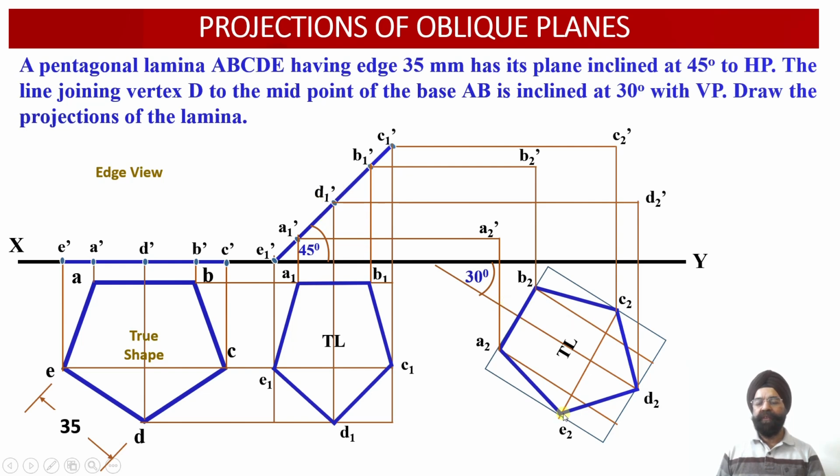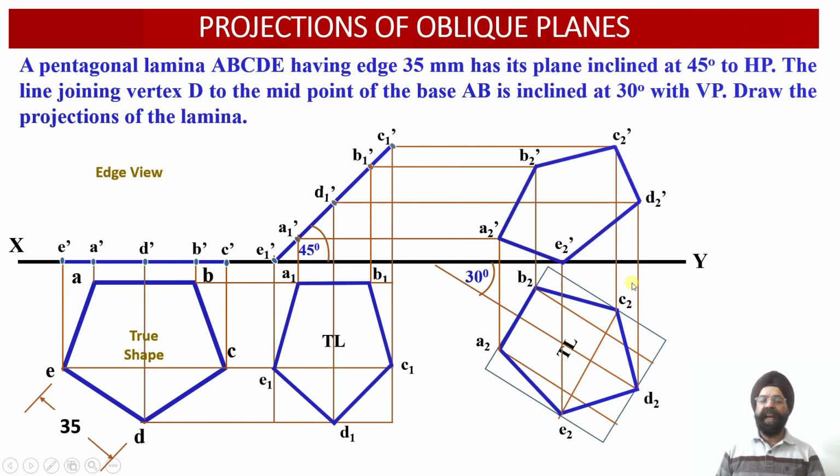And finally, we have the point E2 over here. From point E2, we have drawn a vertical projector in the upward direction, extended up to the position where it intersects with the horizontal projector line drawn through the point E1 dash. So this is the location of E2 dash.